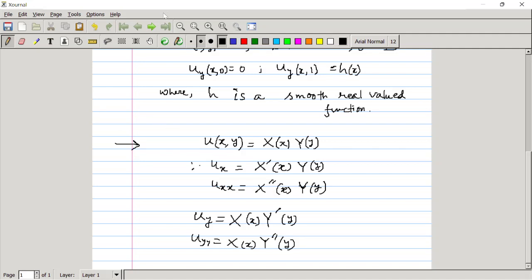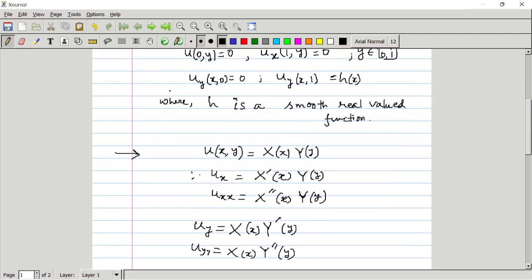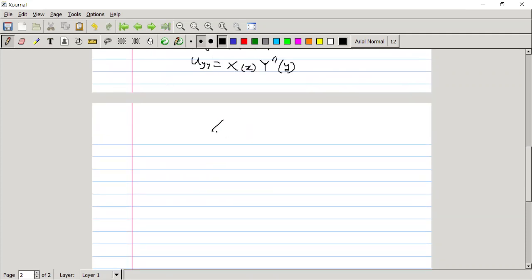So Laplacian u is 0 means u_xx plus u_yy is equal to 0, right? So what is u_xx?